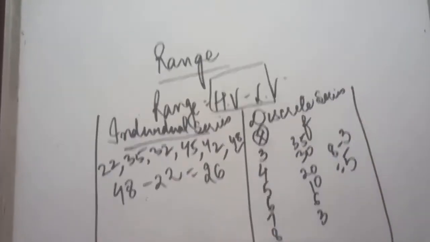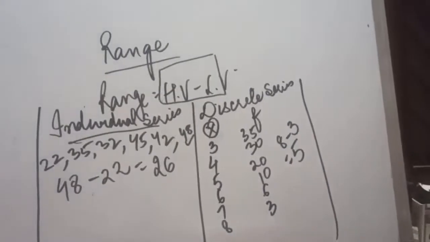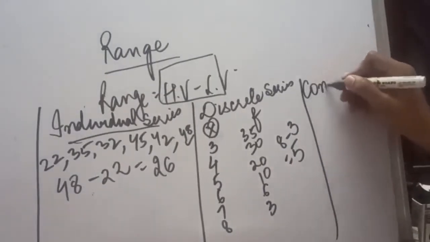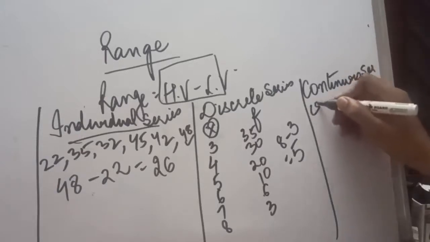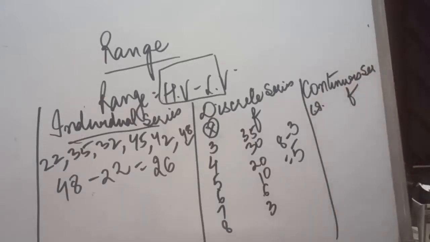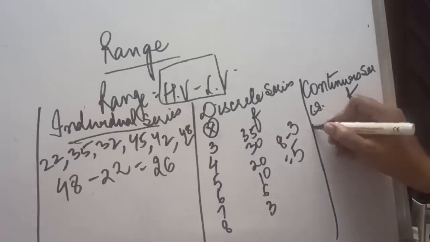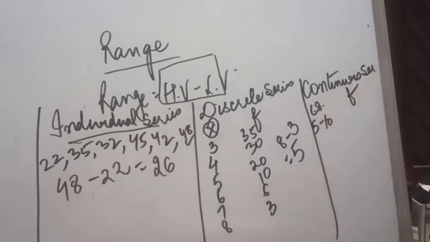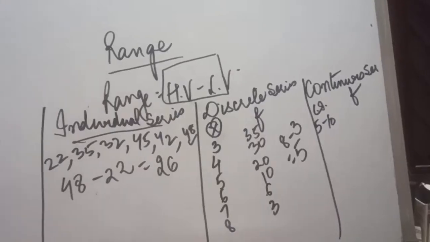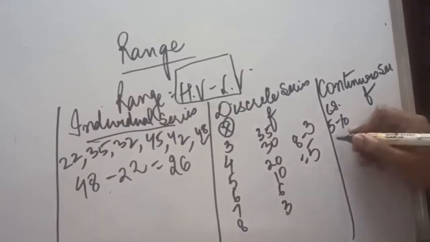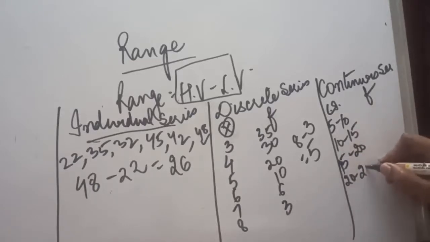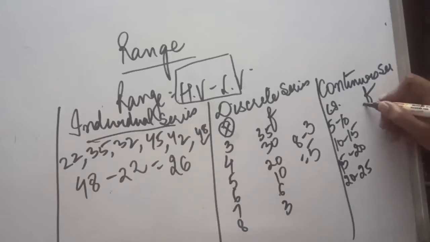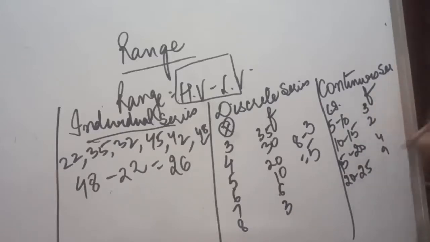Now the third type of question can be of the continuous series. In continuous series you are given the class interval as well as frequency. For example, the class intervals are 5 to 10, 10 to 15, 15 to 20, 20 to 25, and the frequencies have been given as 3, 2, 4, 9.